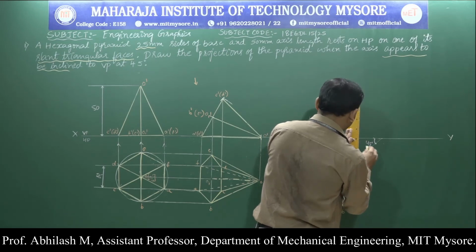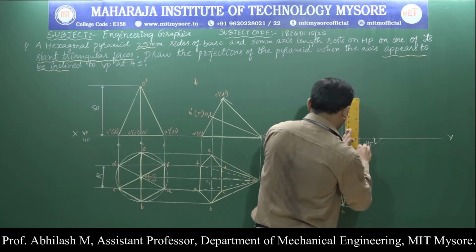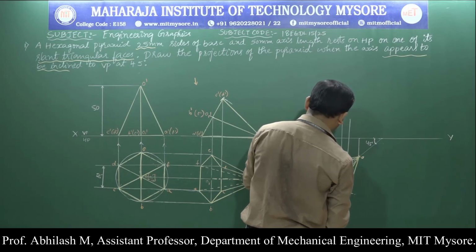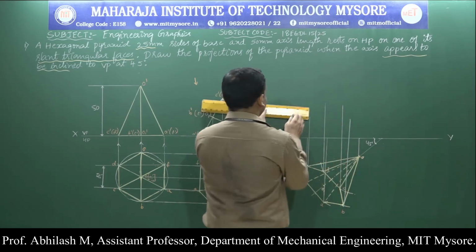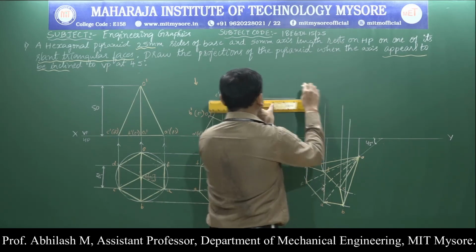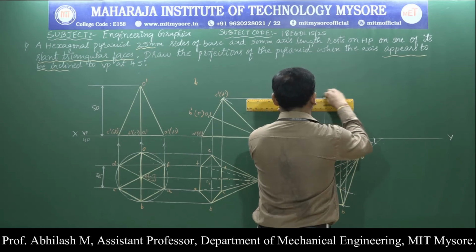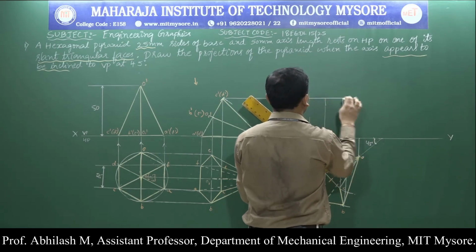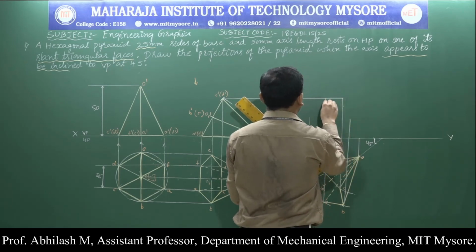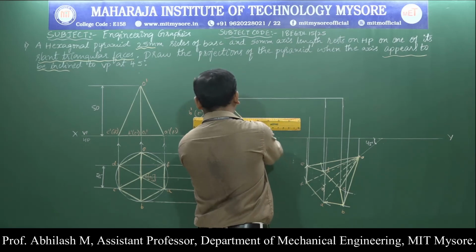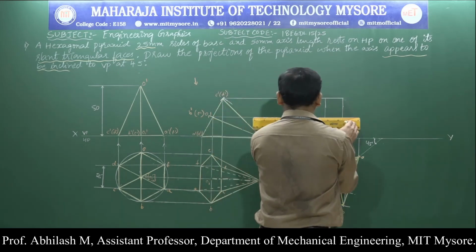From the point of O, draw the projection lines, and from the point of O1 as well. So we are supposed to draw it from the O1 itself. And also draw the projection lines from C dash to D dash. Similarly, from E dash, B dash, we are supposed to draw the projection lines.